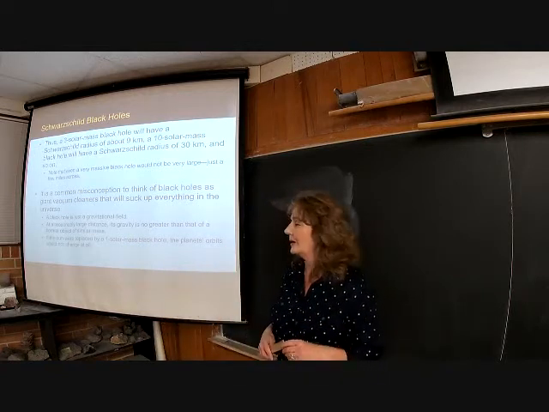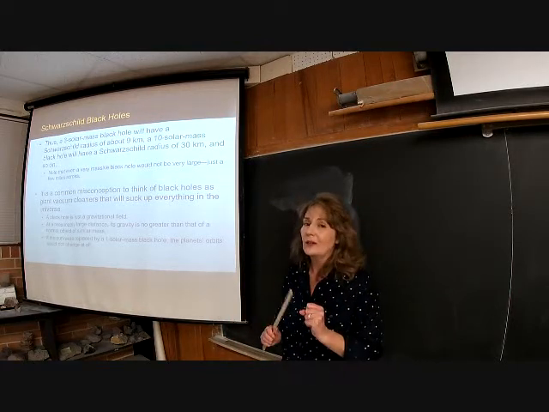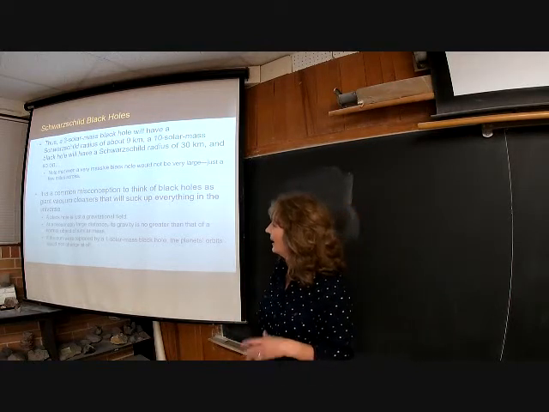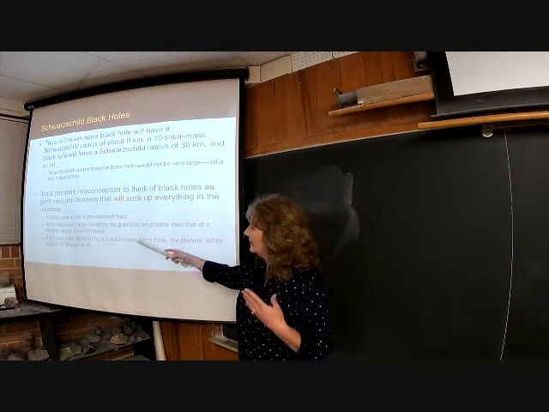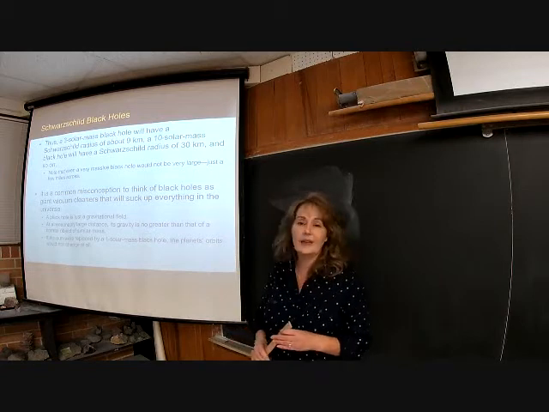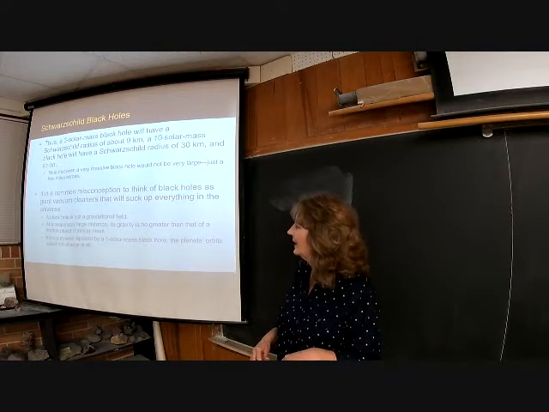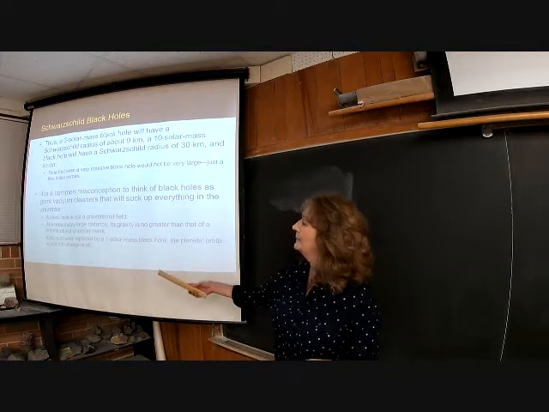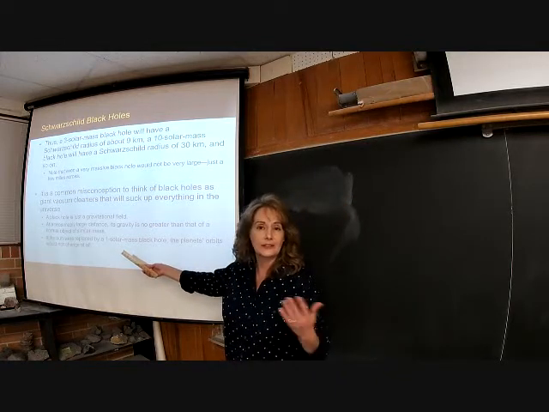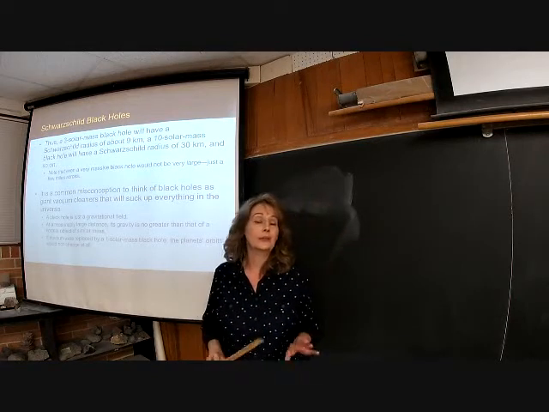It's an inverse relationship. So the greater your distance, the smaller the effect of that gravity. So at a very large distance, its gravity is no greater than that of any other normal mass. So if the sun were replaced with one solar mass of a black hole, the planets and the orbits, nothing would change, right?